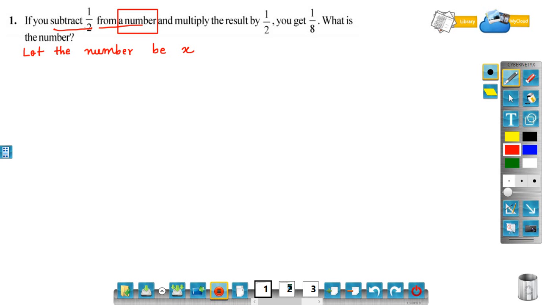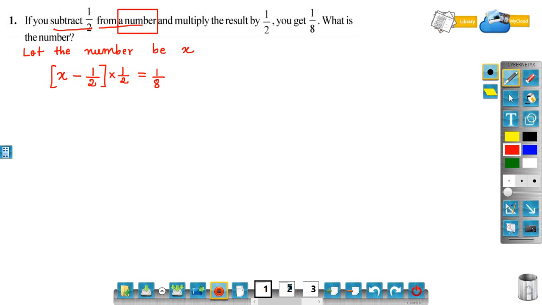Now if we subtract half from a number, our number is x, and multiply this result by half, you get 1 by 8. You get means equal to 1 by 8.